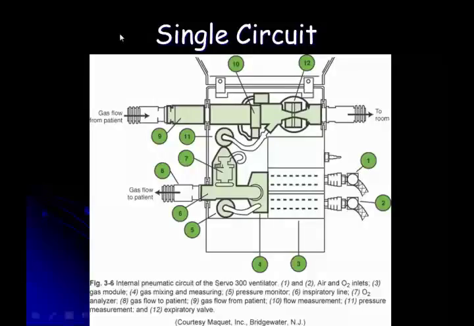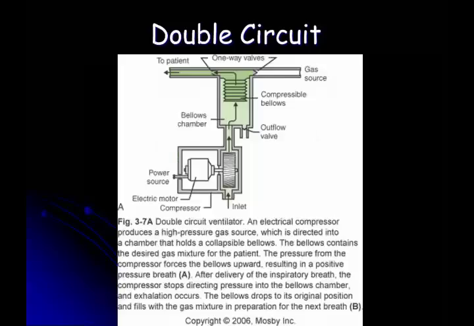This is the Servo 300, which hopefully you'll never see in your life. But it has, this here is our expiratory valve and our inspiratory valve, and they're basically little scissor valves. So they open and close just like scissors do. This is an example of a double circuit.